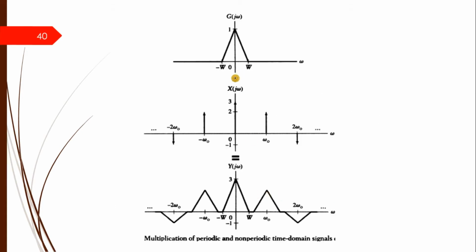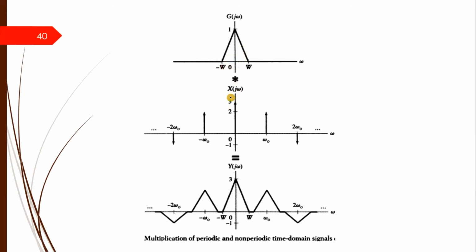Before we go to the next problem, we have the representation of the frequency coefficients. If g of j omega's frequency spectrum is in this way, and x of j omega's spectrum is this way, you know that we are convolving. We are not multiplying; we are convolving in the frequency domain.